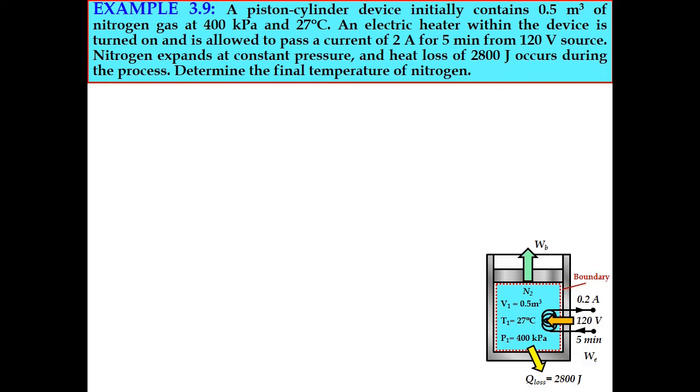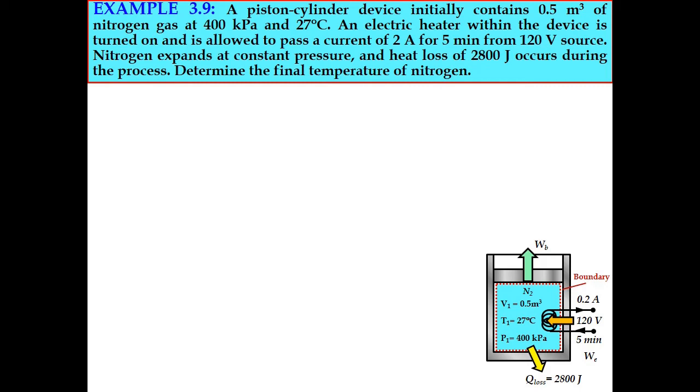Okay, so draw a simple schematic diagram. Here we have a cylinder piston device with an electric heater. For the electric heater, we have 2 ampere, 120 volt, running for 5 minutes. This represents the data involved with the electrical work. Inside the cylinder we have nitrogen gas, V1 equal to 0.5 meter cubed, T1 equal to 27 degrees Celsius, and P1 equal to 400 kilopascal.